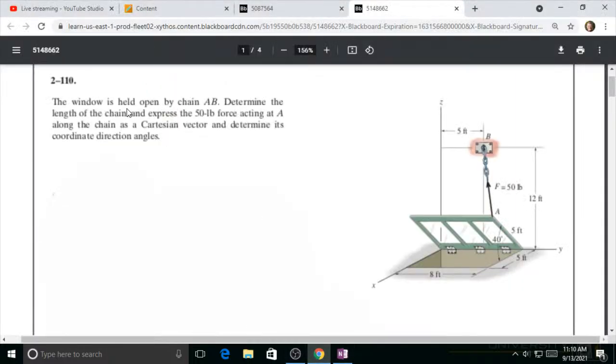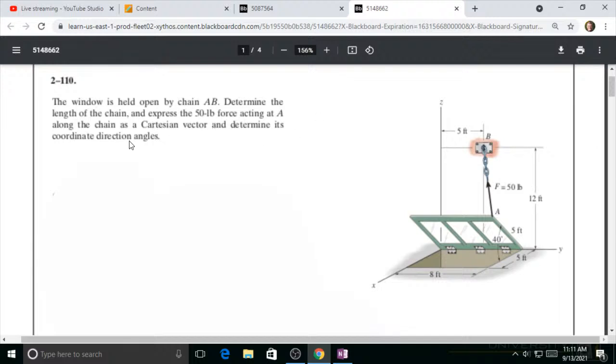Then we go back here and it says the window is held open by the chain from A to B. Determine the length of the chain. And it says the force is 50 pounds. Express the 50-pound force acting at A, at the edge of that door, along the chain as a Cartesian vector.